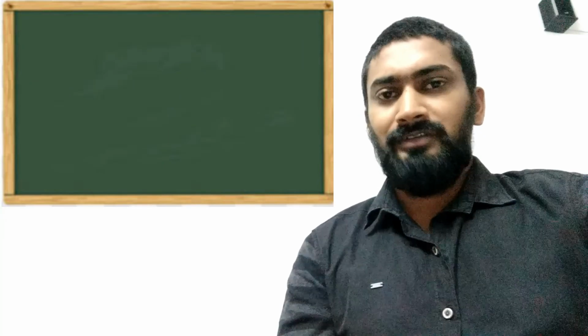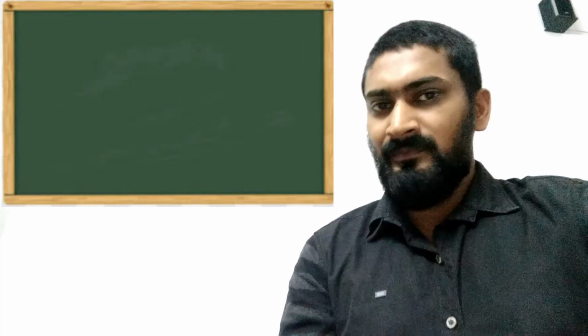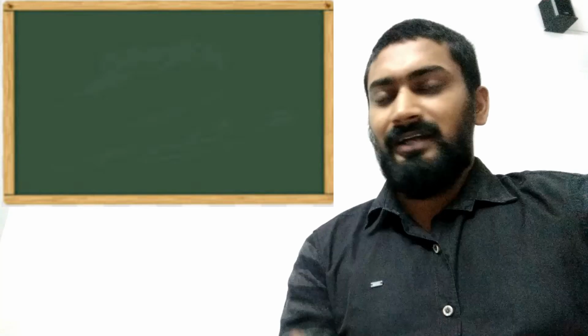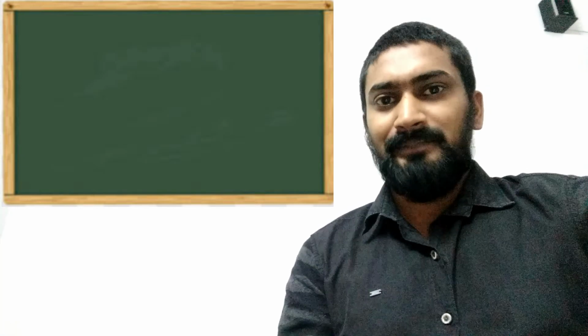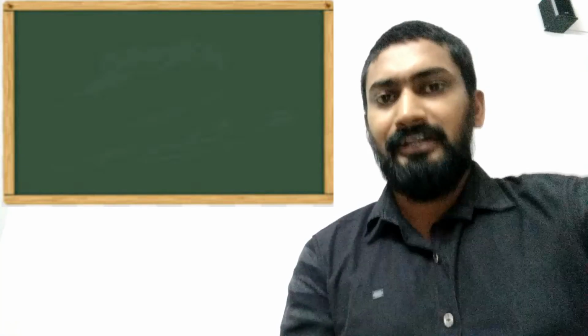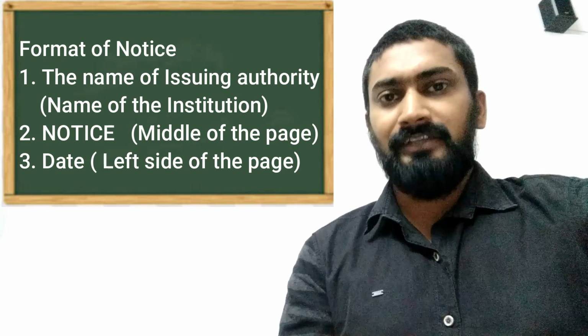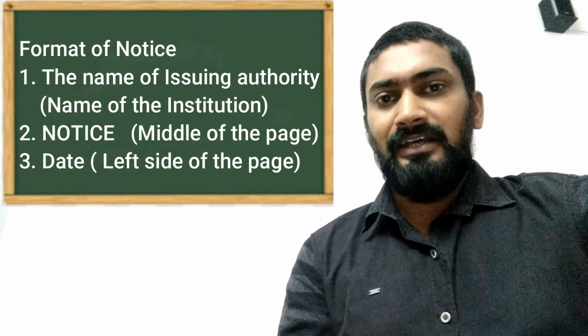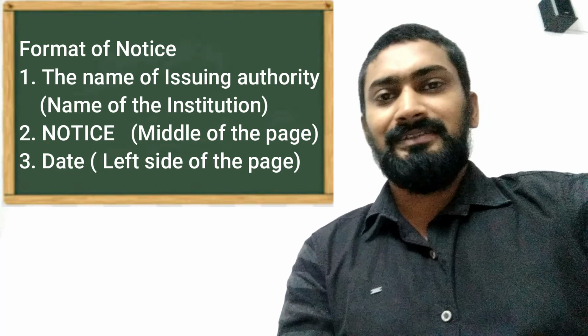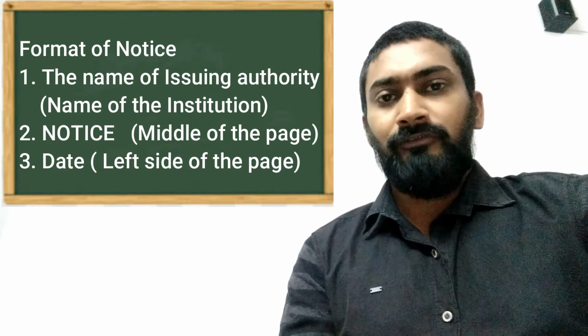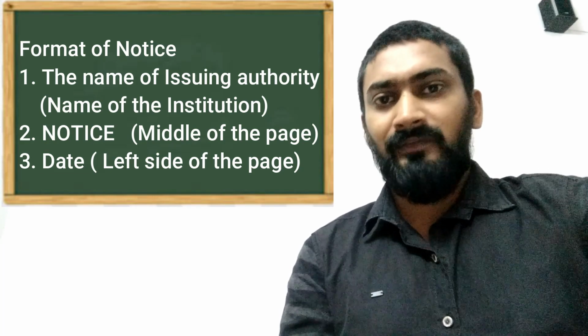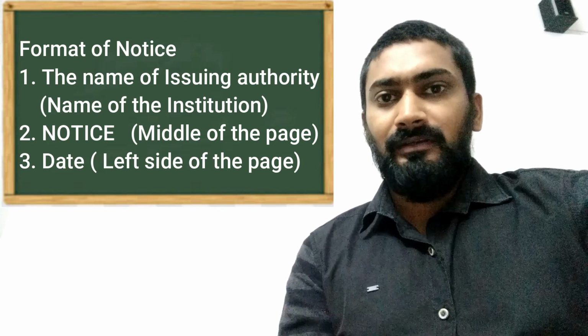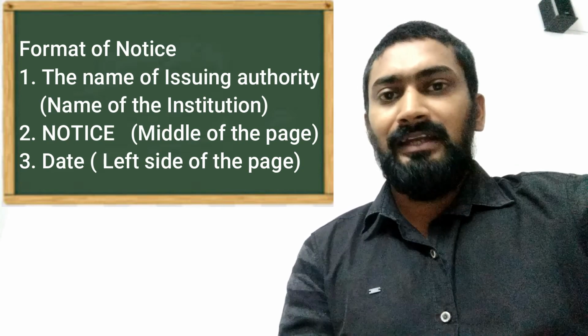You can note it down in your copy, and on the board I will be showing also what are the points of the format. You can give the heading, format of notice, and the first point that you will be writing in your notice is the name of the issuing authority. Always the notice will be published by an authority.